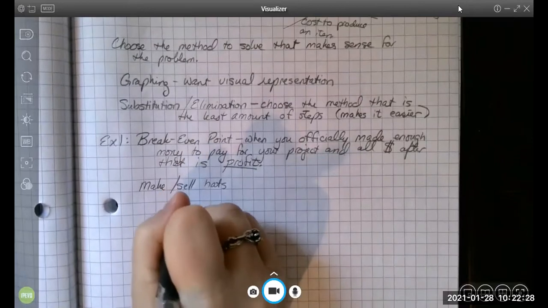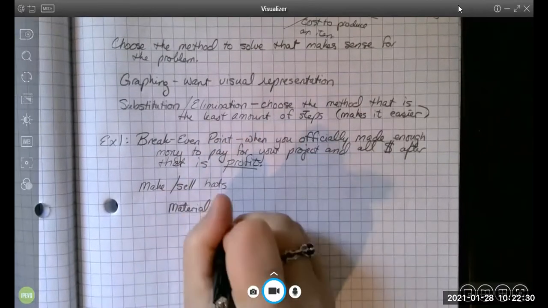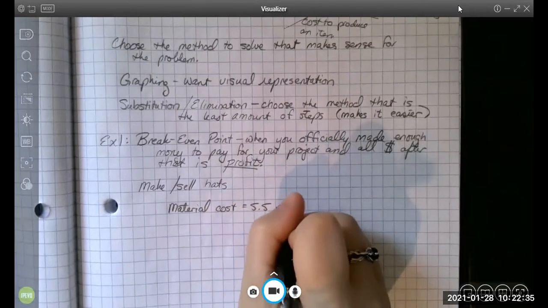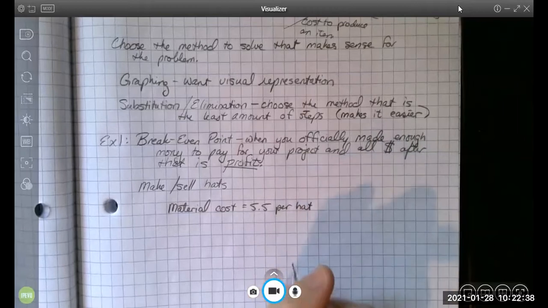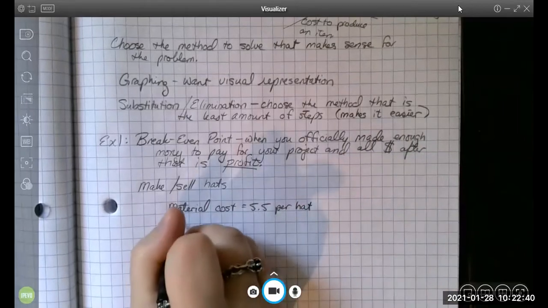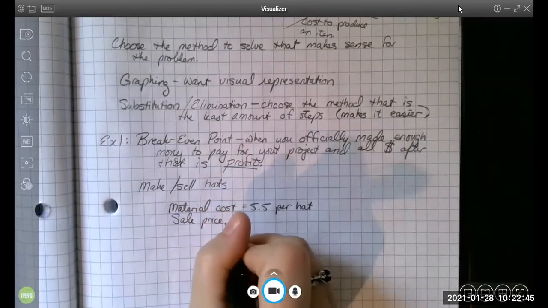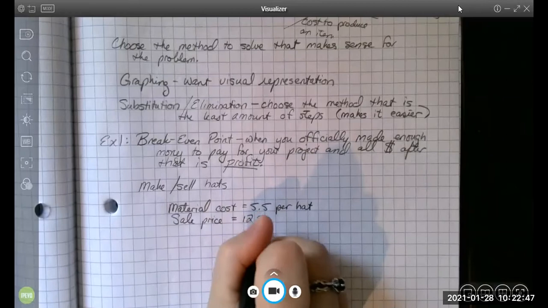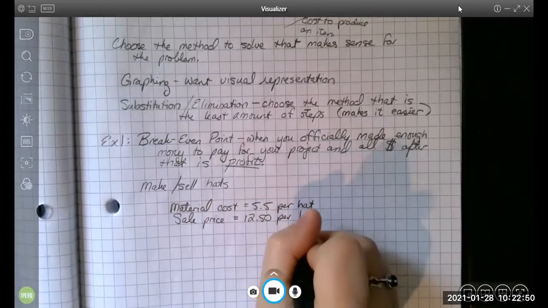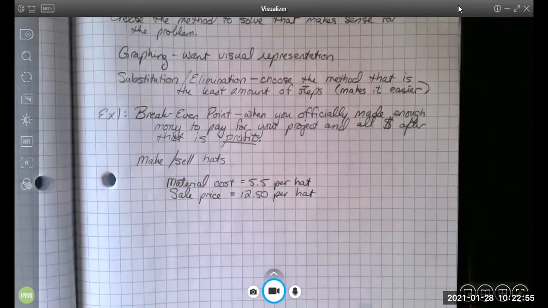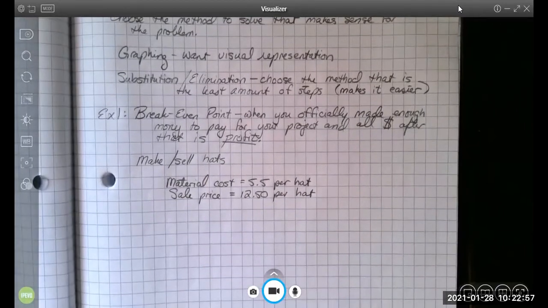So material cost is $5.50 per hat. The sale price is $12.50 per hat. That's pretty cheap for a hat. A good hat, well, that could be a lot more than $12.50. Maybe change that into a comma and move it to the left one. That's for like a super nice hat, the kind of hat they bury you with.